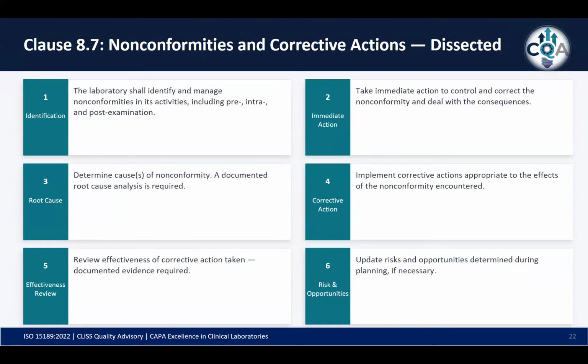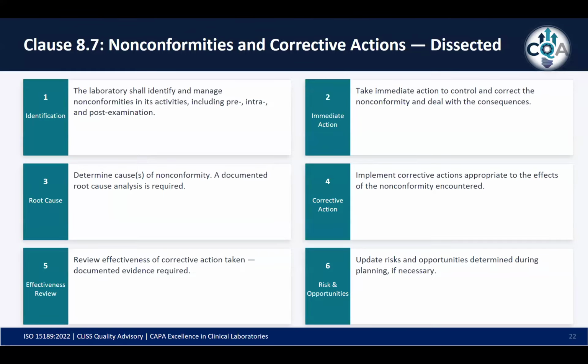The first one is identification of a non-conformity across all activities, including the pre-, intra-, and post-examination phases. Number 2, we are required to take immediate action to control and contain the non-conformity and deal with its consequences.